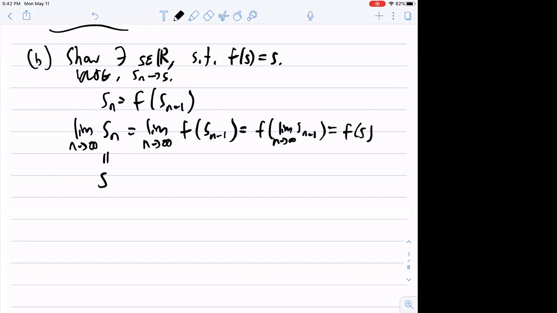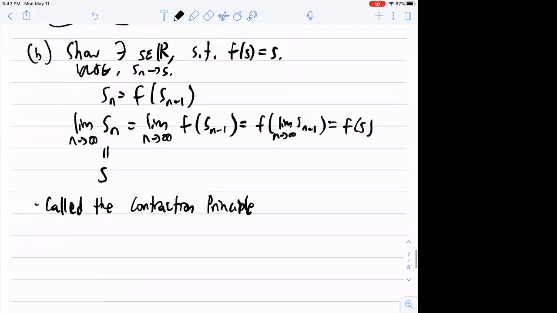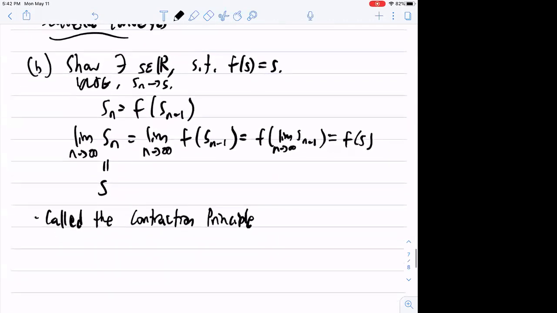And voila, you have f of S is S. In general, this is called the contraction principle. There's a more general statement. It's pretty important in real analysis. Finding a fixed point is pretty nice. Any questions on this?